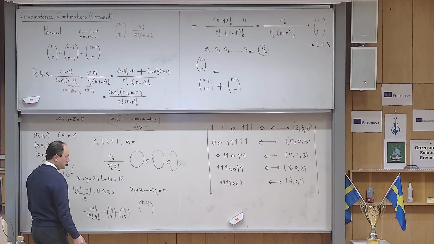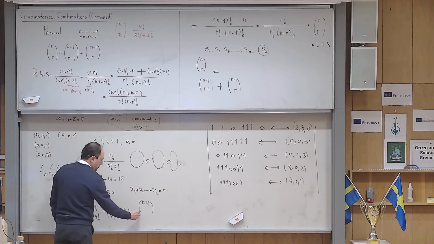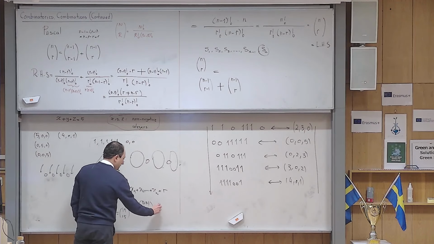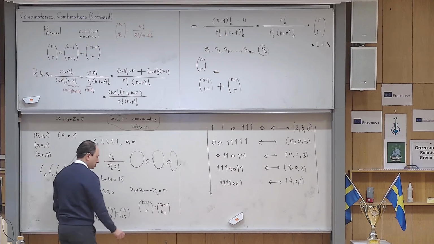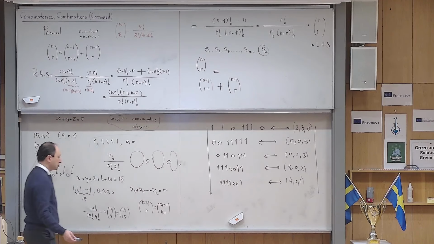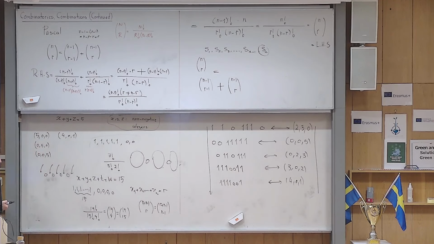How many do I want to choose? I can either write r, or I can write n minus 1. Is that right? So that is the number of ways that you can have these solutions. Is that understandable?